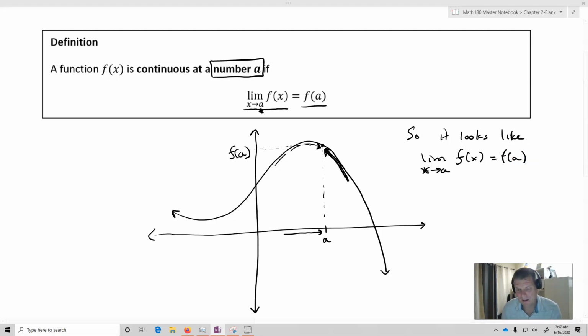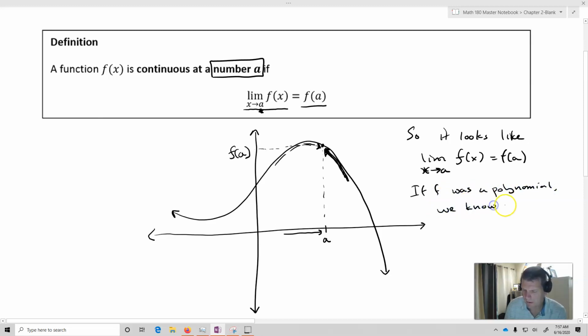In fact, if f was a polynomial, we know we could substitute and get f of a for the limit as x approaches a of f of x.